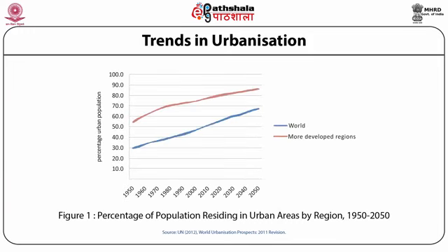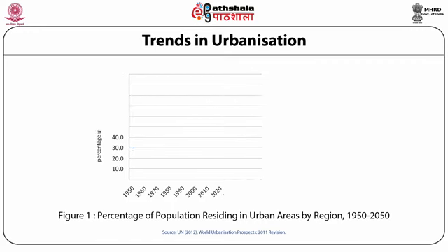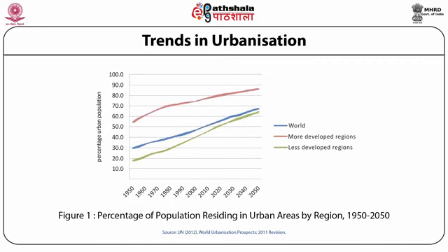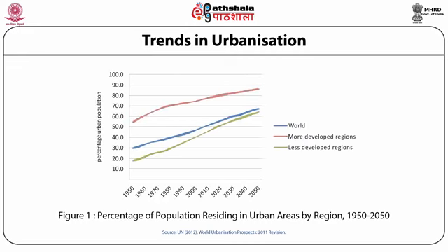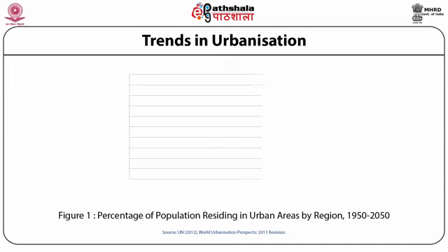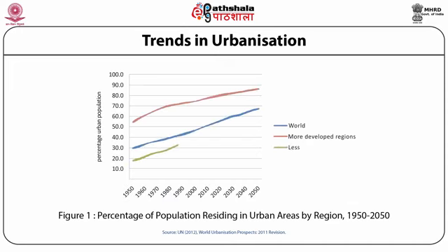The figure clearly points out that although the share of urban population is lower in less developed regions vis-a-vis the developed regions, the gap between the two is gradually declining. Moreover, the world average is closer to the average share of urban population in the less developed countries, as a greater proportion of world population lives in the less developed regions.